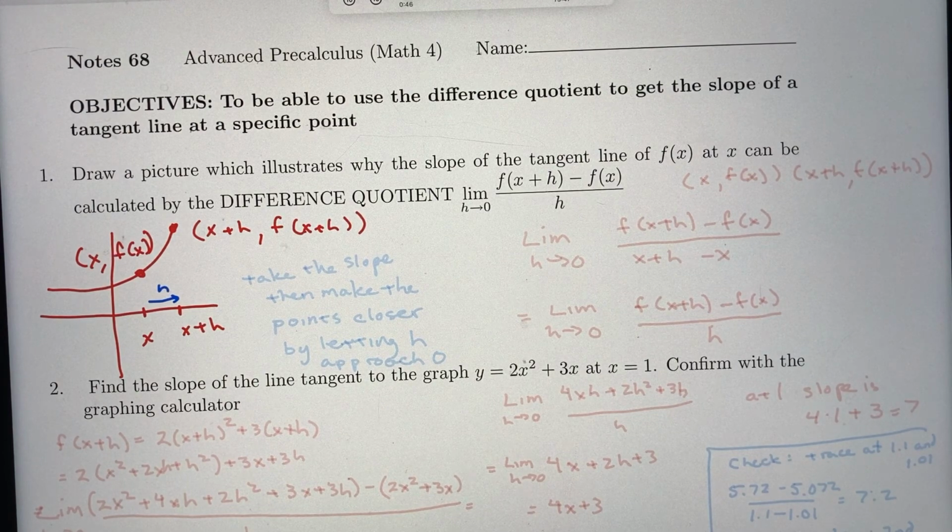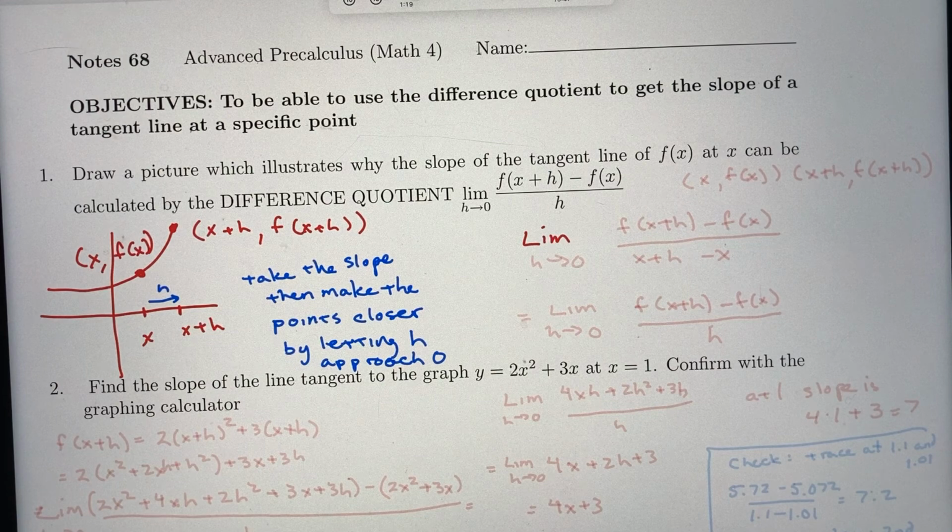Okay, so we take the limit. Let's see. What are my 2 points?